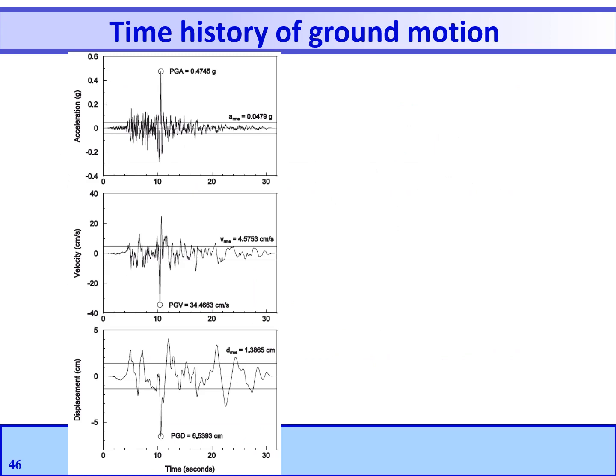The frequency of vibration associated with the amplitudes of motion is, of course, an intrinsic characteristic of earthquake ground motion, and frequency content is commonly studied in spectral form, as we are going to see in the next sections. For now, we are focusing on the study of these time histories, as we explained earlier, starting from an acceleration history and then getting the velocity and displacement histories after the earthquake by integration of the acceleration record.